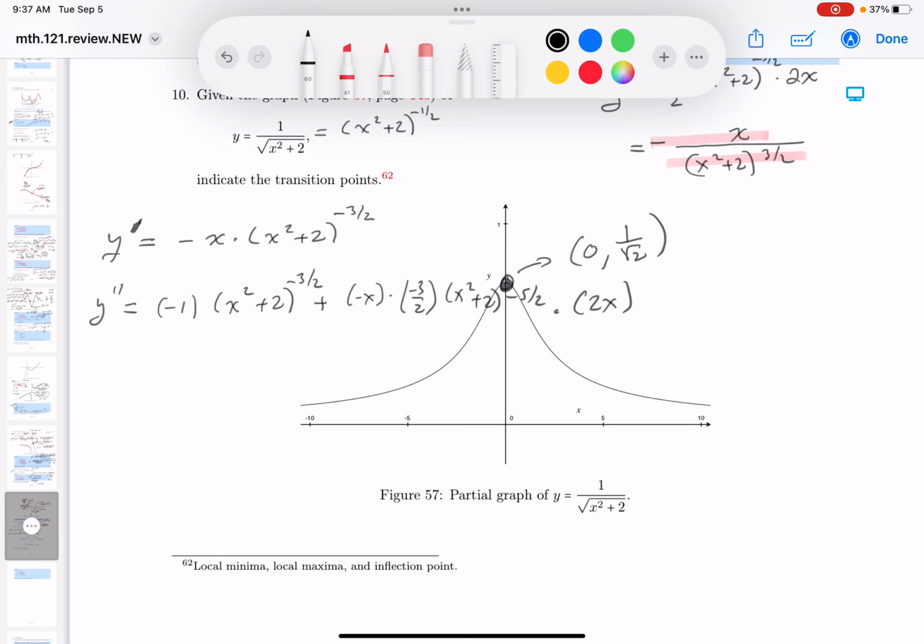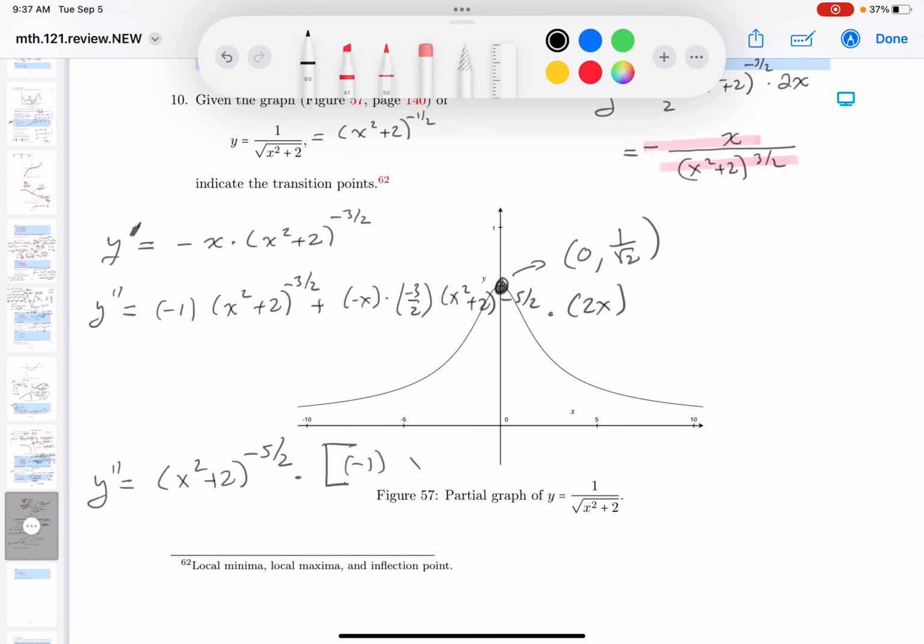I am now going to factor out (x squared plus 2) to the minus 5 halves. What do you get? Well, I get minus 1, and then I get this over x squared plus 2.